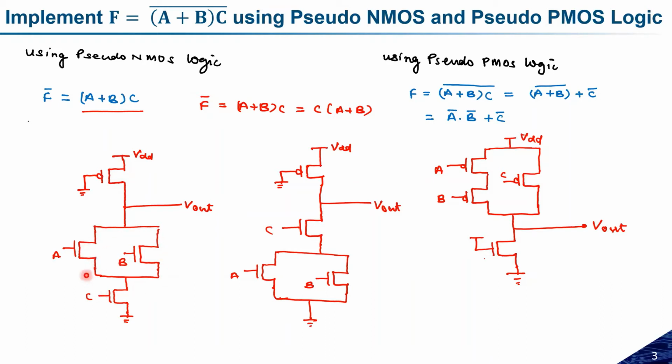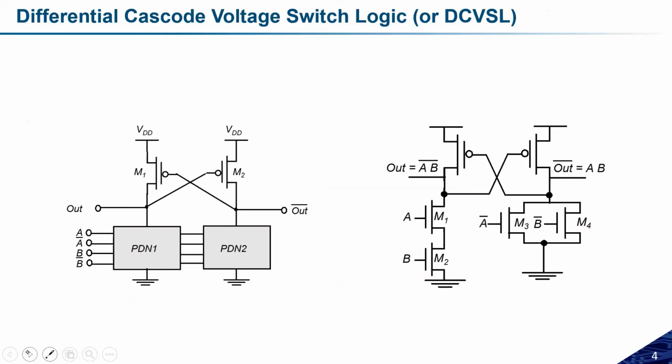So the transistor sizing plays a major role in what will be the maximum and the minimum swing at the output side. Ideally this should be between VDD and 0, but practically it is not possible because both the transistors are on. One transistor will try to pull up and one will try to pull down, so based on the strength of the pull-up or pull-down network, the voltage will be either towards the higher side or towards the lower side.